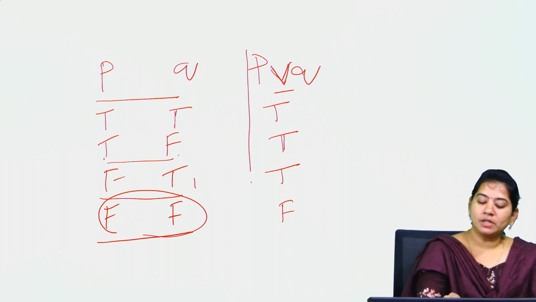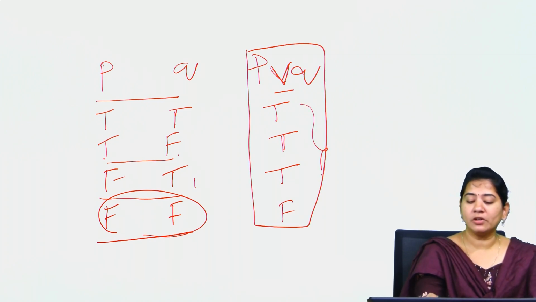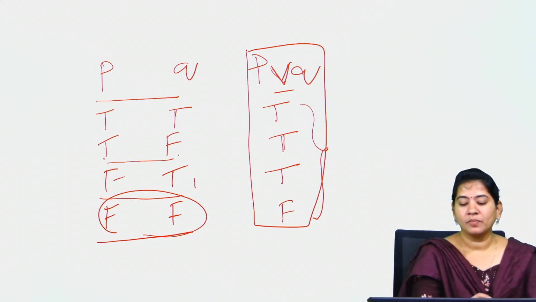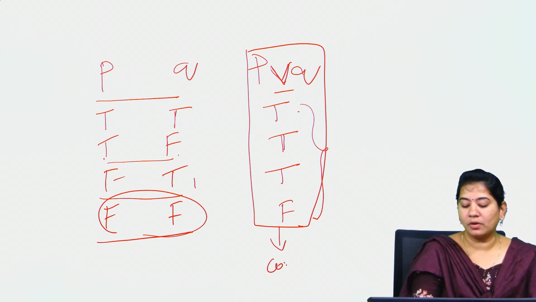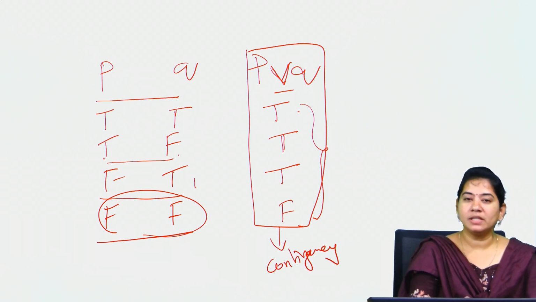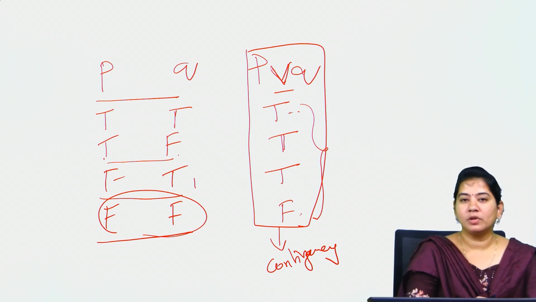Now, if we observe this last column here, it is a combination of both true and false. So here we have true statements and here we have false statements. So we can consider this is an example of contingency. The contingency is a combination of both true statements and false statements.